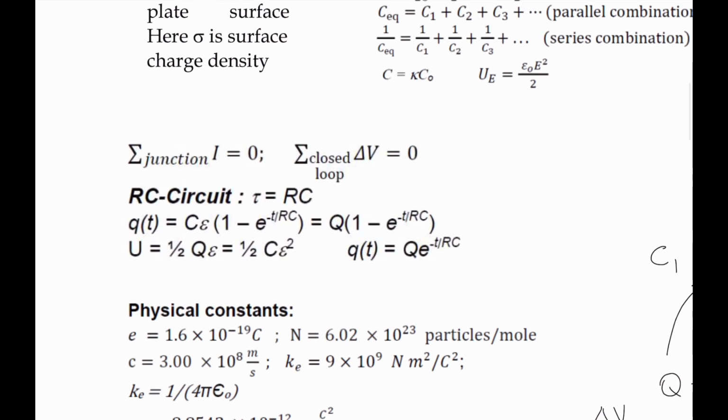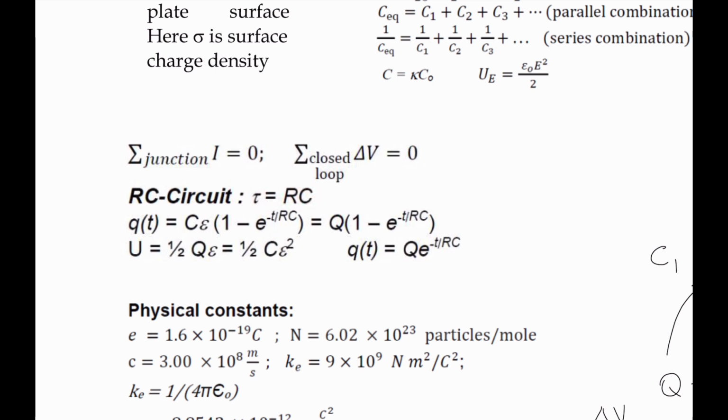So these equations over here tell you the charge as a function of time on the capacitor in the RC circuit. And this equation also tells you the charge as a function of time of an RC circuit. So what do these equations look like? Well, here you have an exponential, and it has a t in the exponent divided by an RC. Over here you can see RC is the time constant tau.